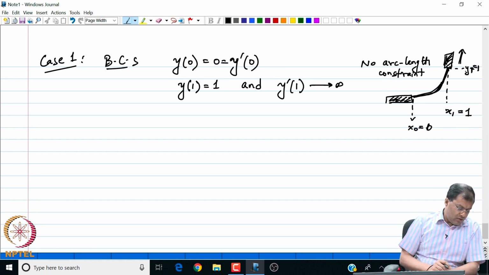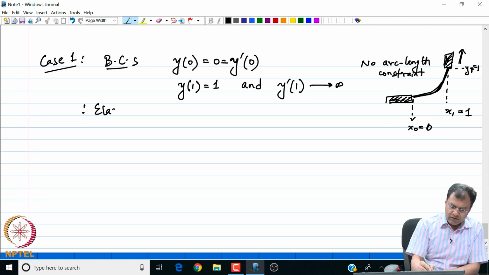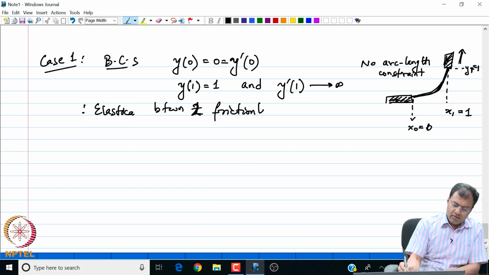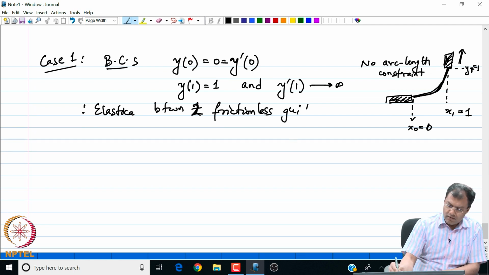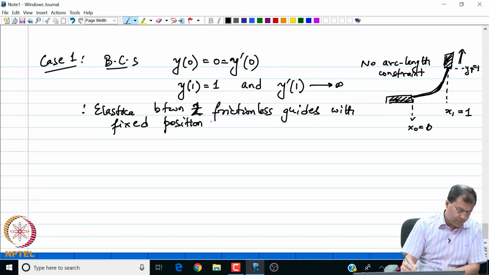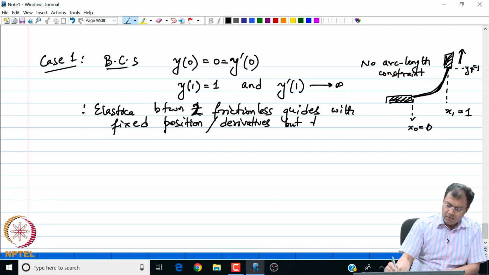Essentially, this is a case of elastica between two frictionless guides with fixed position and derivatives, but which does not constrain the length.